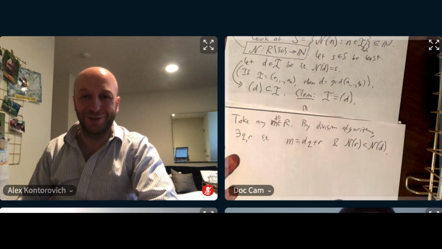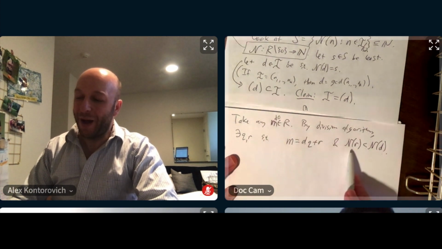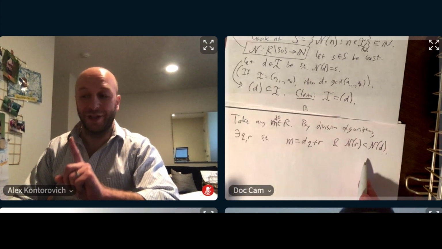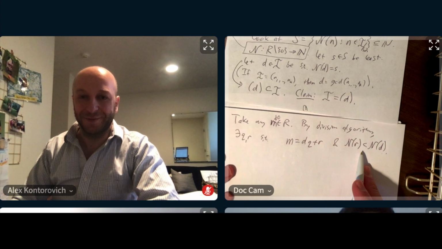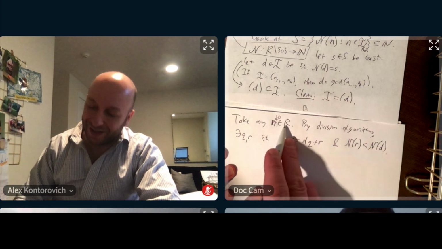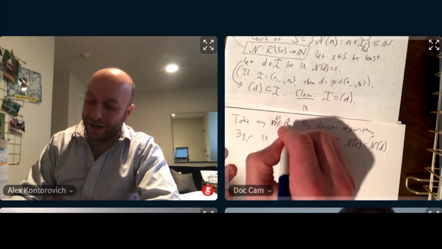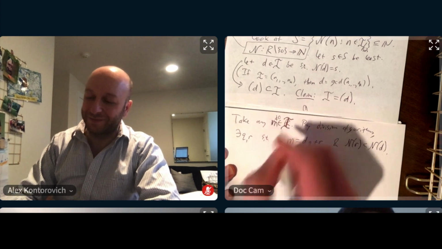The letters have switched around. Does that make sense? Strictly less. The Euclidean algorithm says it's strictly less. But that can't possibly be the case, because D had the smallest norm of all the elements in the ideal. Sorry, I took M in the ring. I want an element of the ideal.